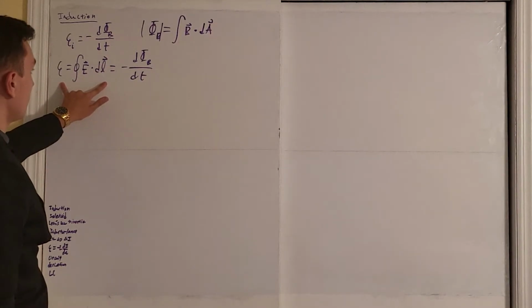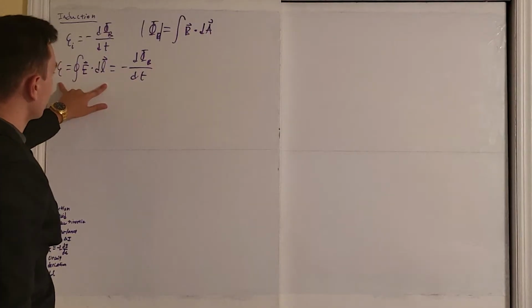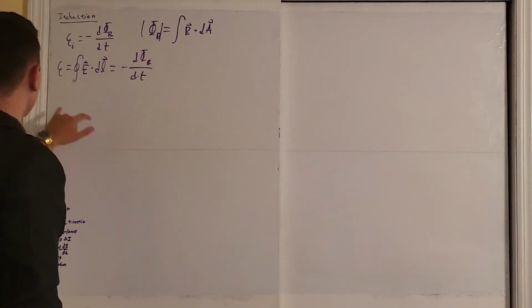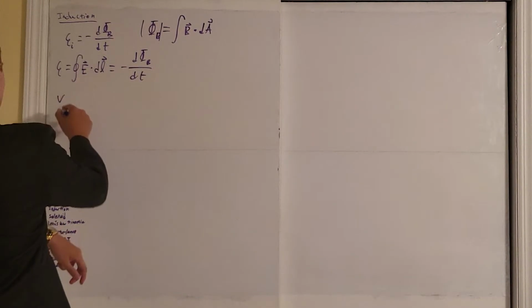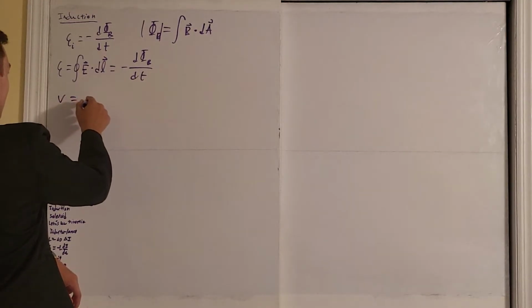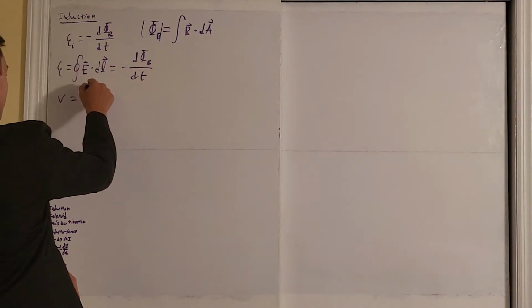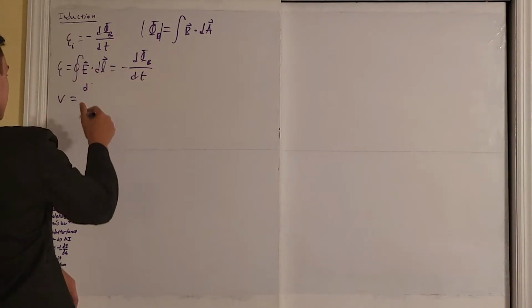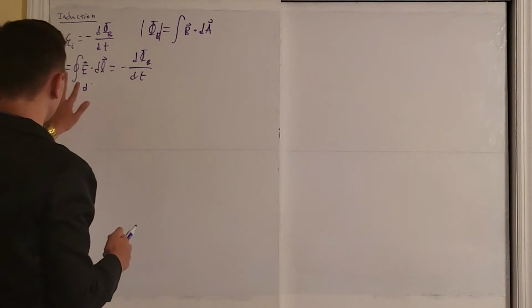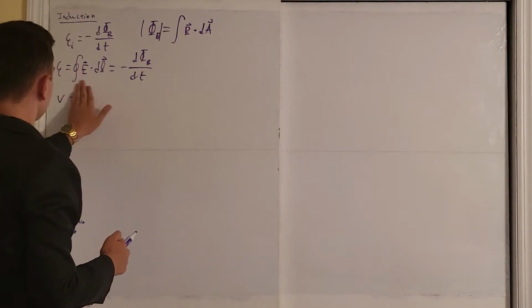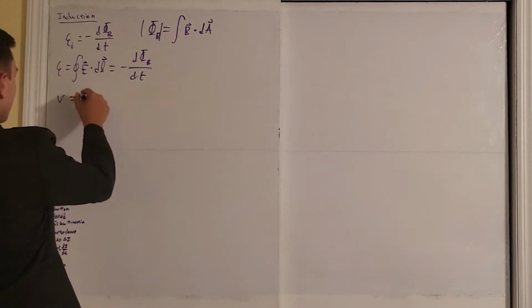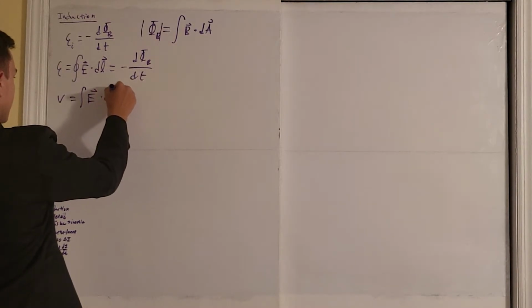because this is a relationship that we discussed all the way back in, I can't remember if it was unit 1 or unit 2, that voltage or EMF is equal to the integral of the electric field with respect to distance.